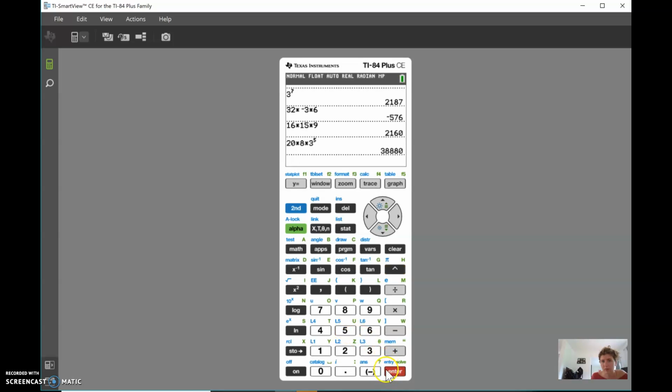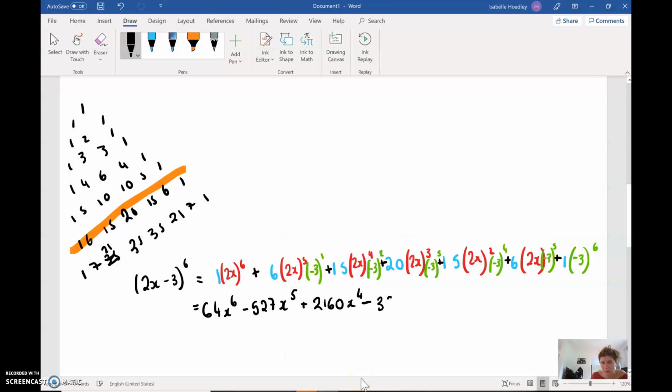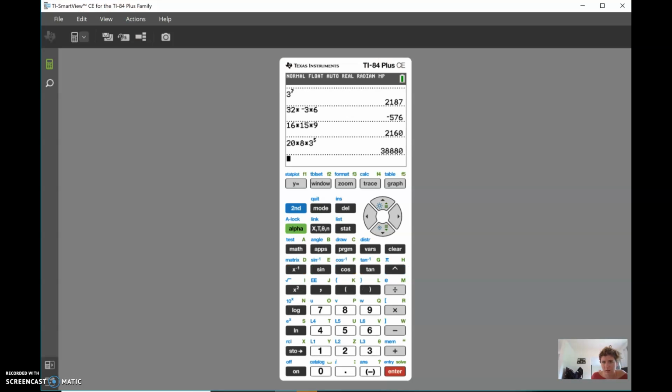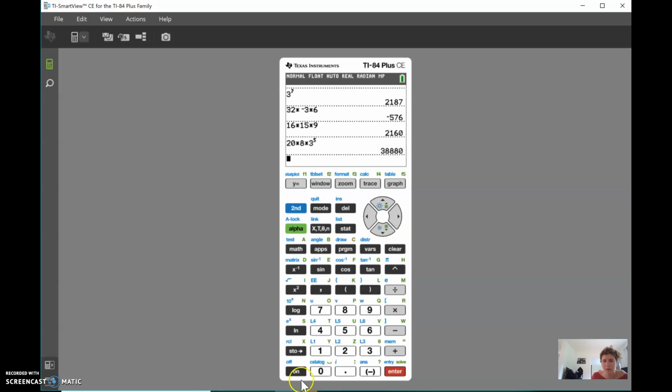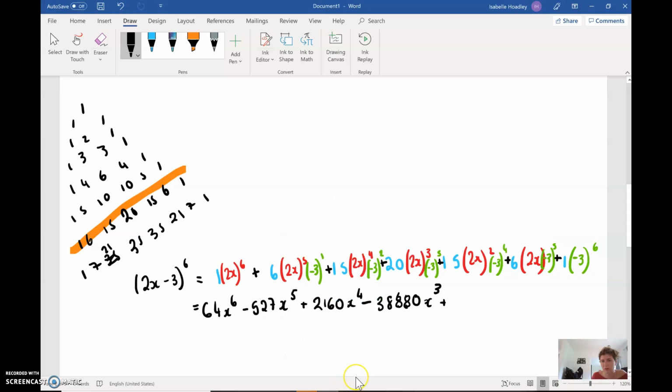Okay, that's going to give us 38,880 x cubed. We're then going to have 15 times 4 times 81. That's 4,860.